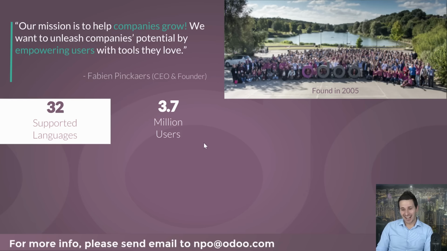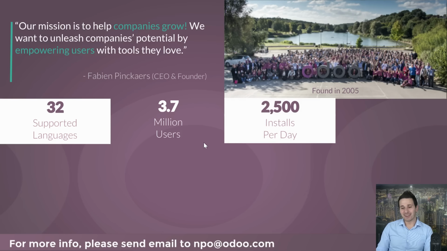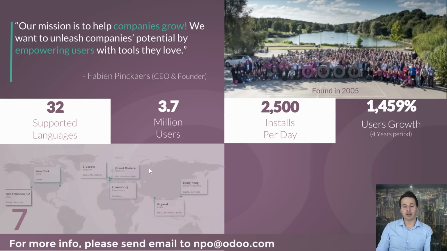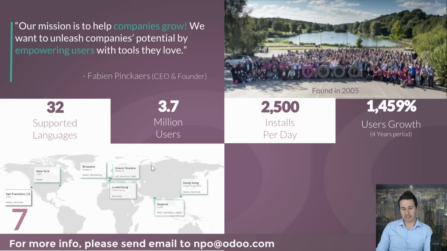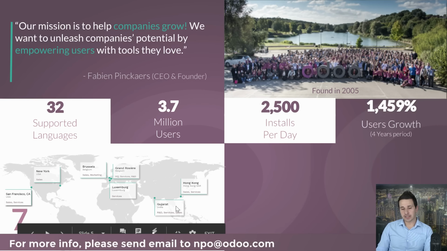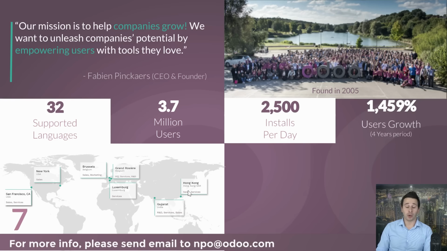Sorry. We have 3.7 million users around the globe, and 32 supported languages, including Chinese, Spanish, German, Vietnamese. So there are probably people who watch from Asia Pacific. We have 7 offices in the US, in Europe for the headquarters, and the one in Hong Kong where we are doing this webinar right now.